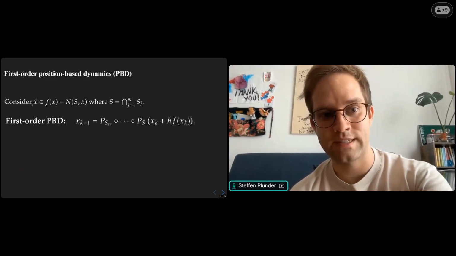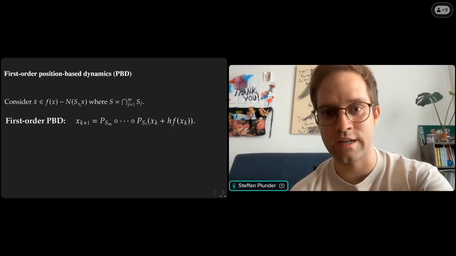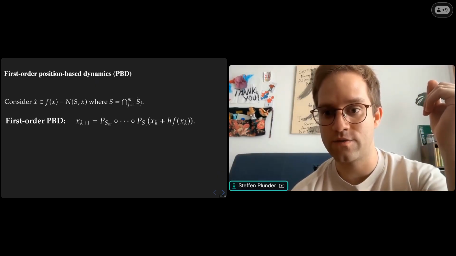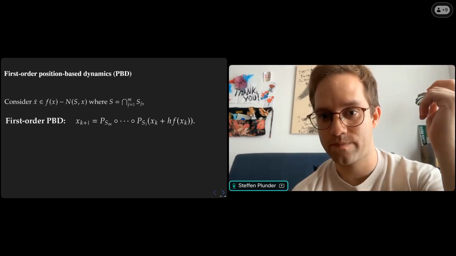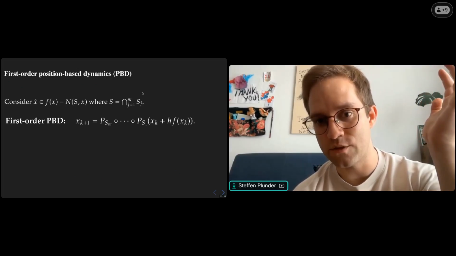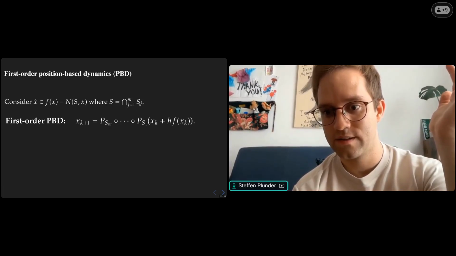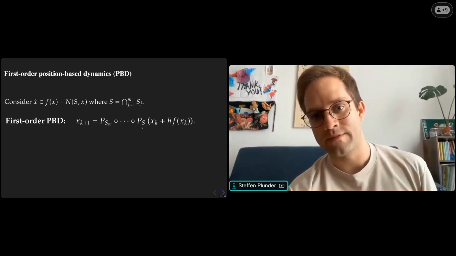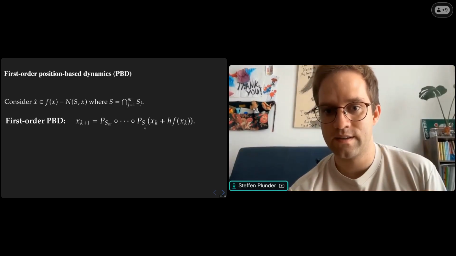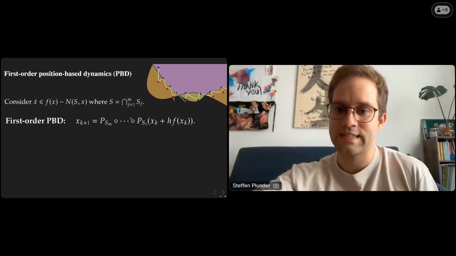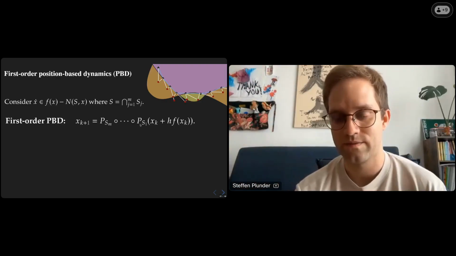So if we have some first order differential inclusion and our set S is the intersection of simple sets Sj, so if it is easy to satisfy set Sj, then we could come up with the idea that we take the output and project onto the next set S2 and so on.